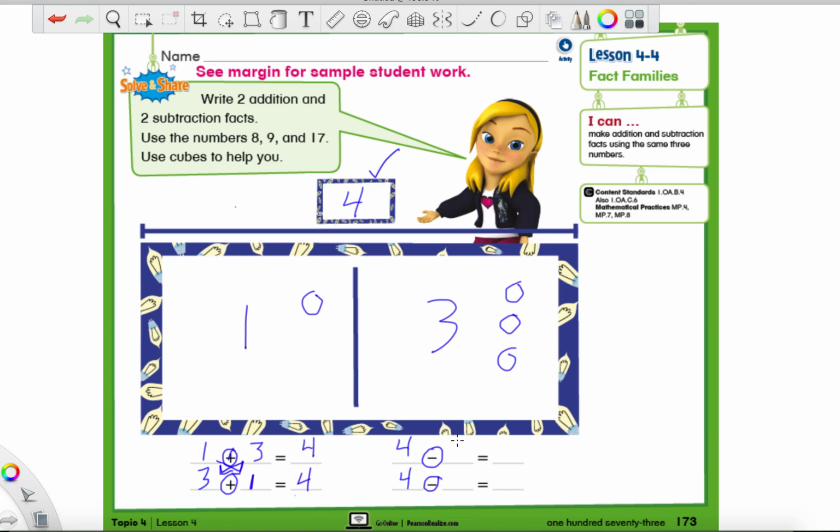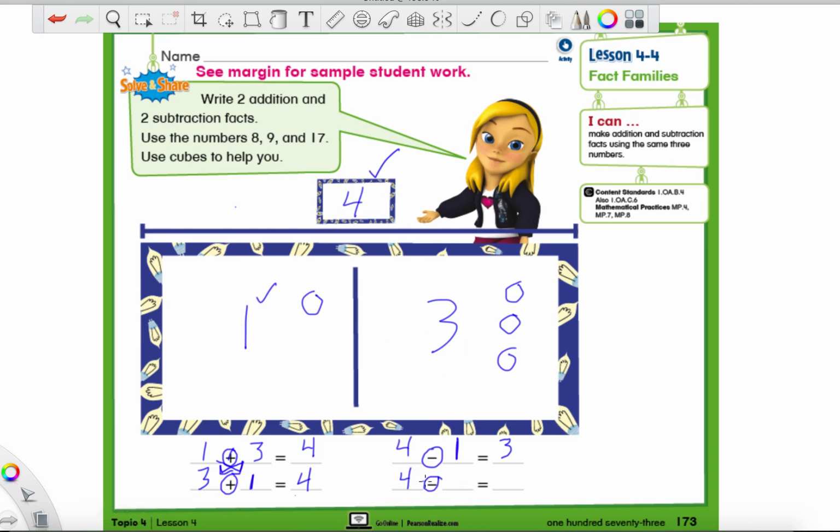We can say 4 minus 1, right? So, did we use a 4 already in this number sentence? We sure did. Did we use a 1 already? We sure did. Did we use our 3 yet? We did not. So 4 minus 1 has to be 3, because that is our other part. Now I used all 3 numbers.